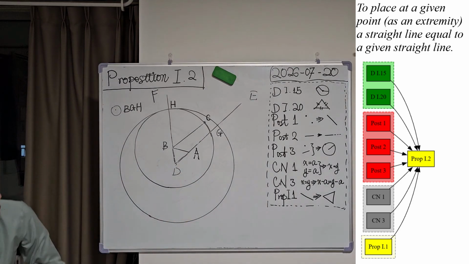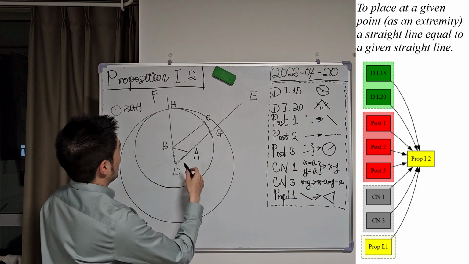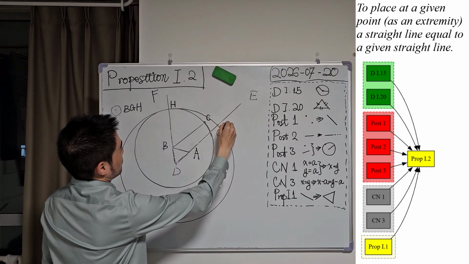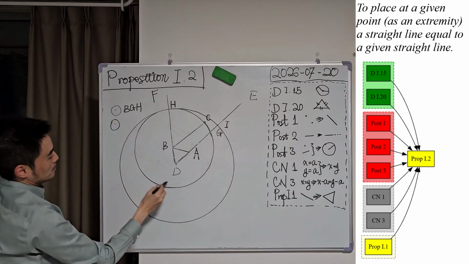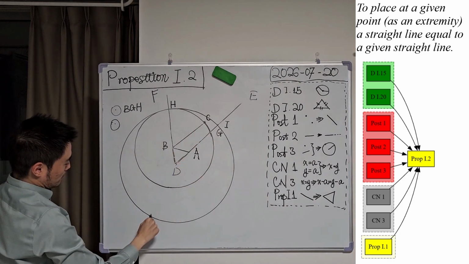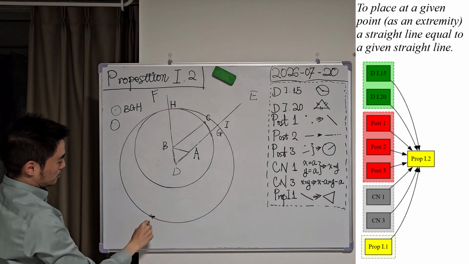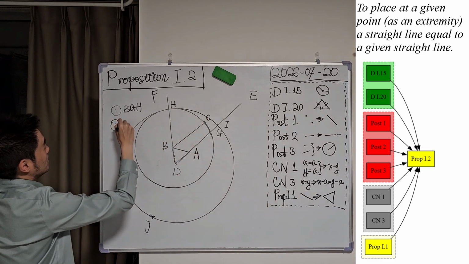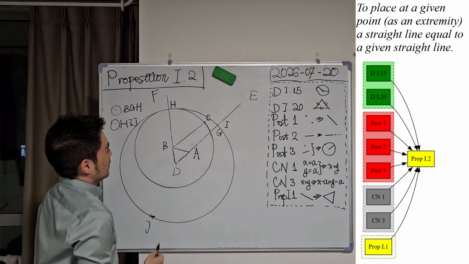And let's assume this circle meets DA extended at a point I. So we have another circle HIJ, and let's assume a random point on this circle's circumference is J.